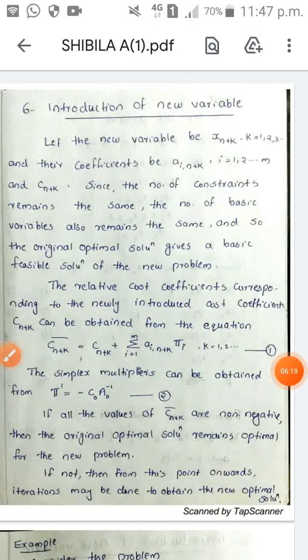That is, if the relative cost coefficients are non-negative, then the original optimal solution remains optimal for the new problem. Otherwise, if they are negative, then we apply the iterations to obtain a new optimal solution.